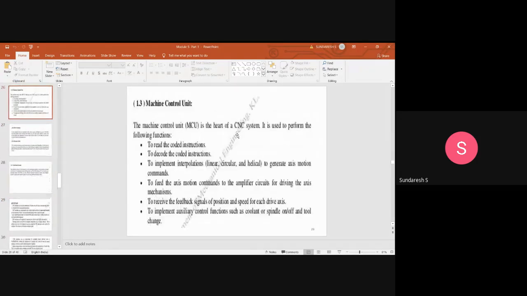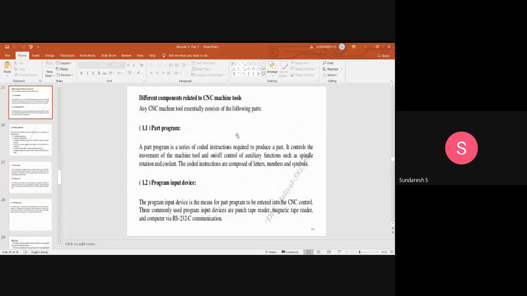Next comes the different components related to CNC machines. Any CNC machine tool essentially consists of the following parts. We'll just list them out, and later we will discuss each part in brief.